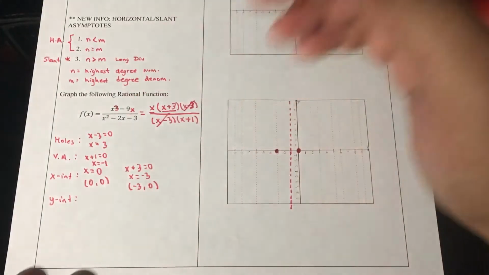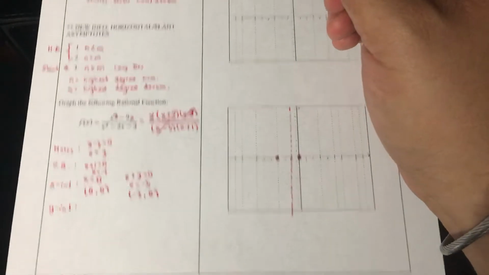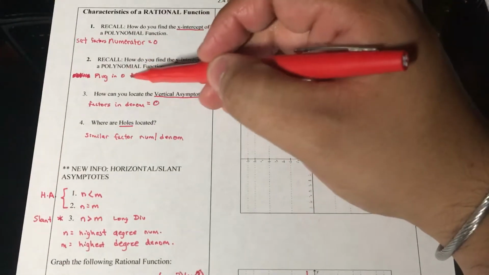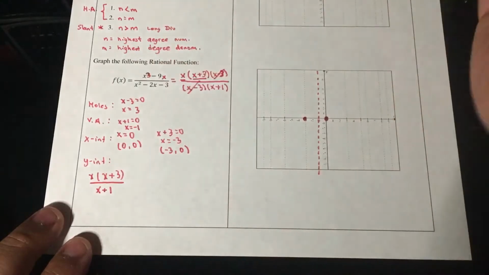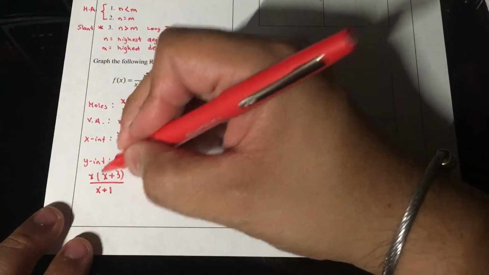To find the y-intercept, we're going to plug in a 0 for x. What did I have left over here? I had x and x plus 3 left on the numerator, and on the denominator I had x plus 1 left. So I'm going to plug in zeros every time I see x.